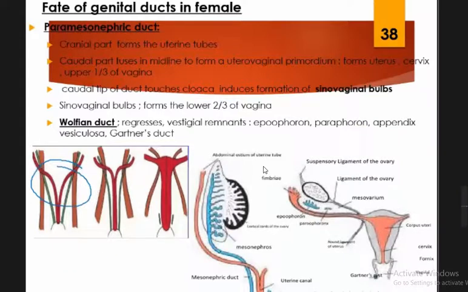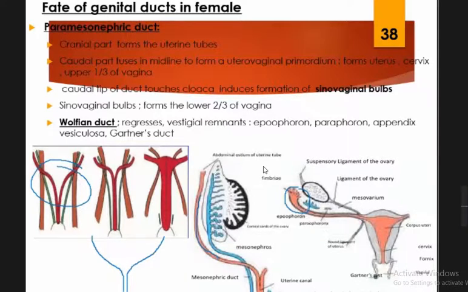So our Müllerian duct will not regress, but it will further develop to give us the uterine tubes. And of course, its caudomedial migration, that it tends to move caudally and medially, and its fellow on the opposite side also does the same. It moves caudally and medially, and they meet in the midline.